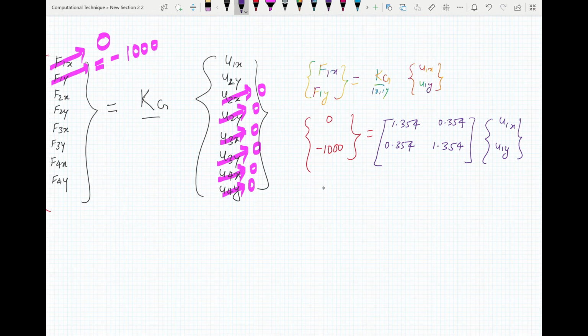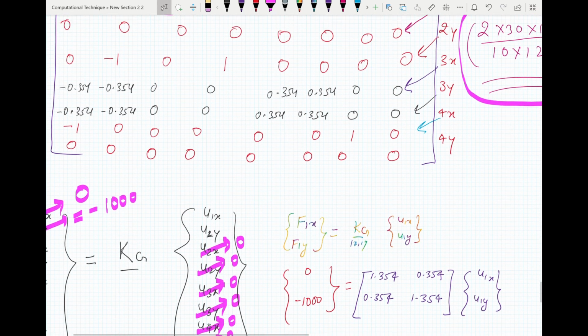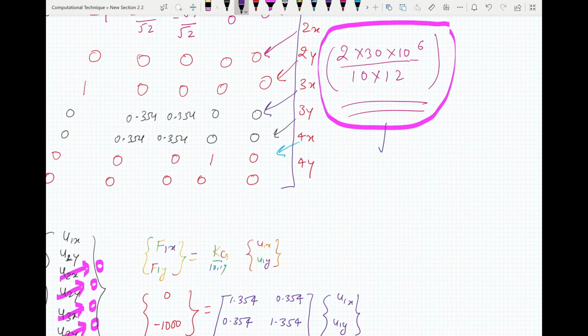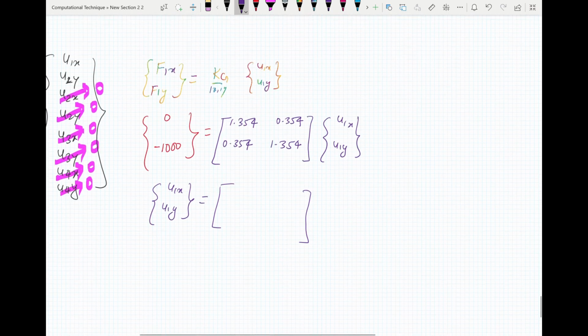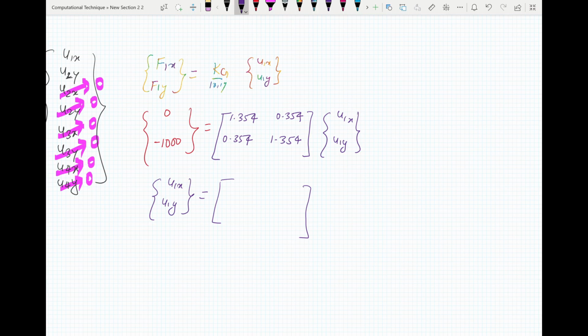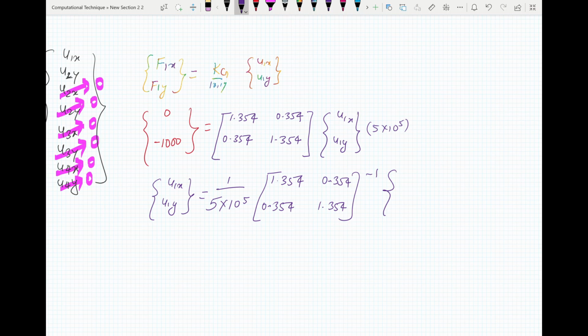So now you can solve for your U1x and U1y. We have a common factor out, which is this one. This equals 5 into 10 to the power 5. So we have this one times 5 into 10 to the power 5, 1 by 5 into 10 to the power 5, inverse of this matrix, times 0 and minus 1000.